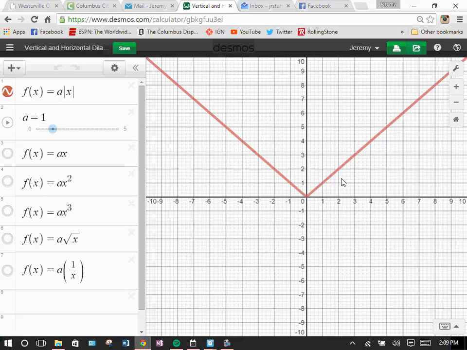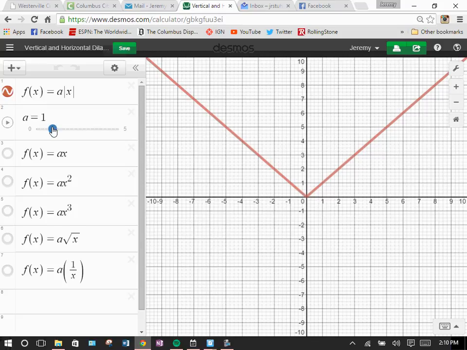All right. So you can see this here. So these y values here, this is when a equals 1. When a equals 1, it's f of x equals 1 absolute value of x, which is just the absolute value of x. You'll see that 1 maps to 1, 2 maps to 2, 3 maps to 3, 4 maps to 4, 5 goes to 5, -1 maps to 1, -2 maps to 2, and so forth.